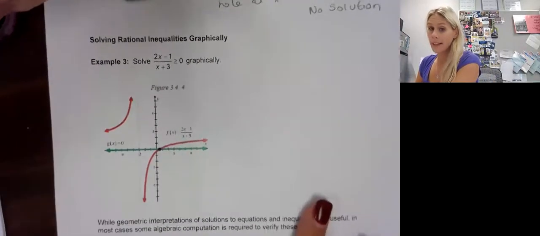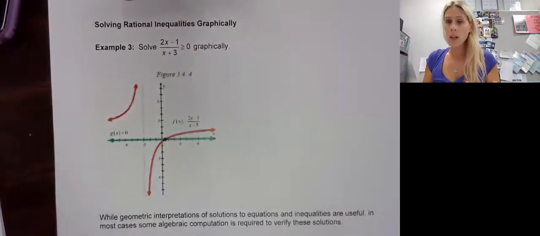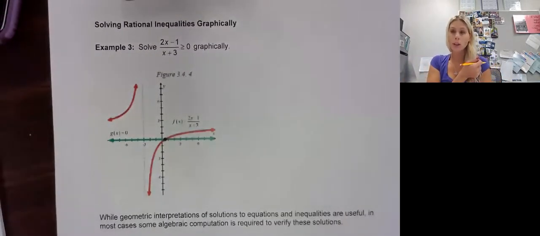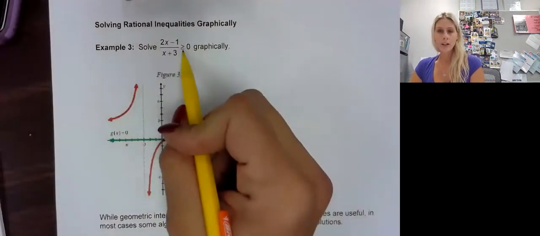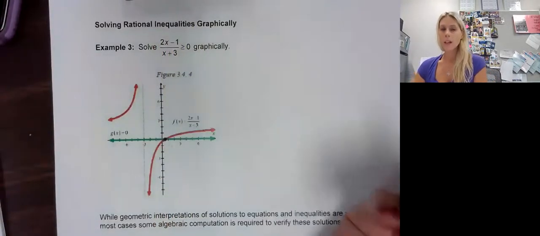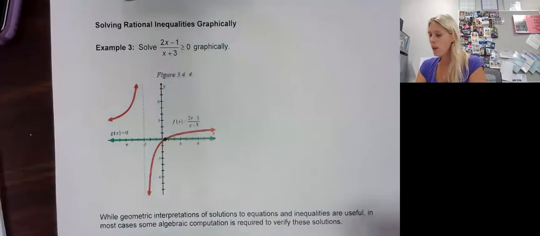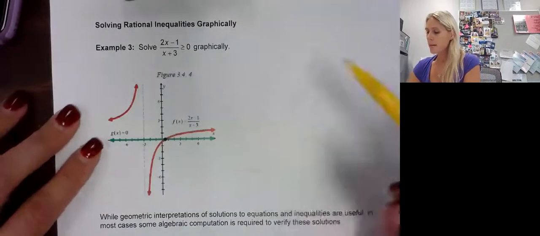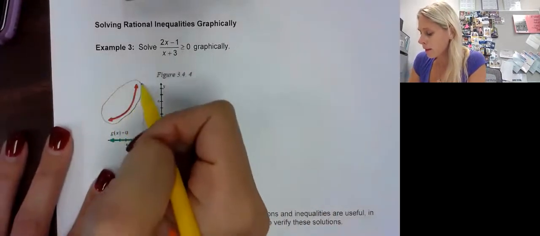All right, again, it's saying graphically, so let's give the answer, and then I'm going to show you how to do it algebraically, okay? This is an inequality, guys, so of course, you have to keep in mind that this is greater than or equal to. I also want you to be careful of that vertical asymptote. So, where is it above the line? Well, here, it's above the line right there.